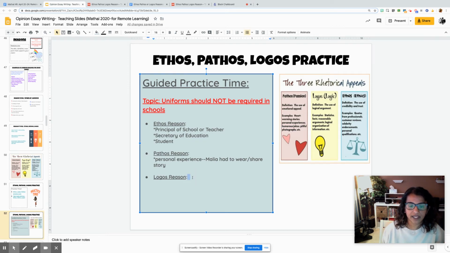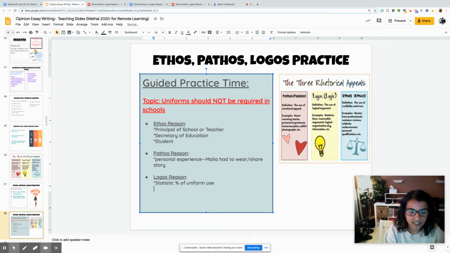Okay. And logos is just your good old fashioned facts that you're using. And you guys are experts at that because you know how to find that golden nugget of text evidence. So you could use statistics, facts, reasonable arguments, logical organization of information. Now, in my research, I found an awesome statistic of the percentage of how many kids were actually using it, percentage of uniform use.